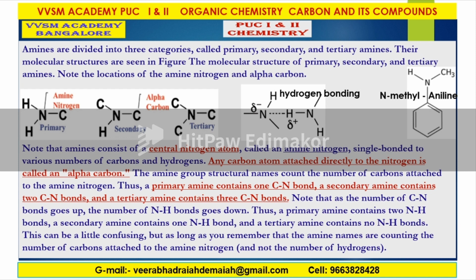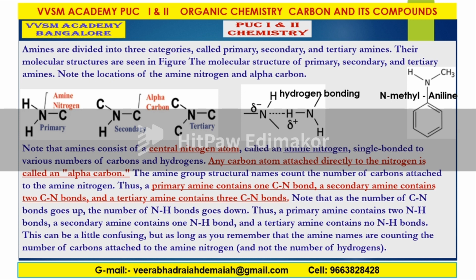The amine group's structural names count the number of carbons attached to the amine nitrogen. A primary amine contains only one CN bond, that is, a carbon-nitrogen bond. A secondary amine contains two CN bonds, and a tertiary amine contains three CN bonds.